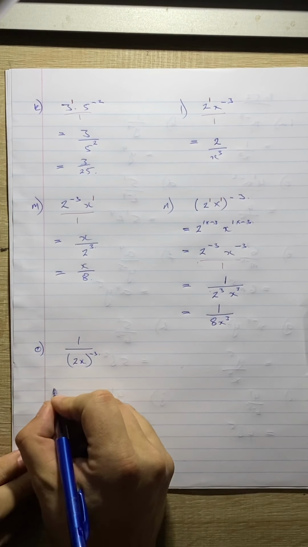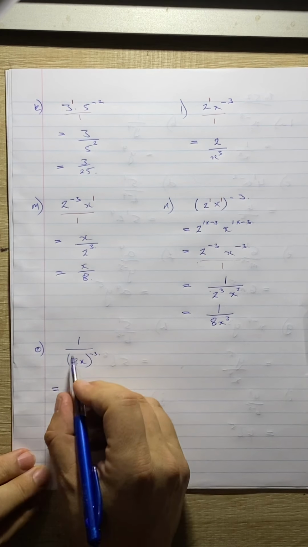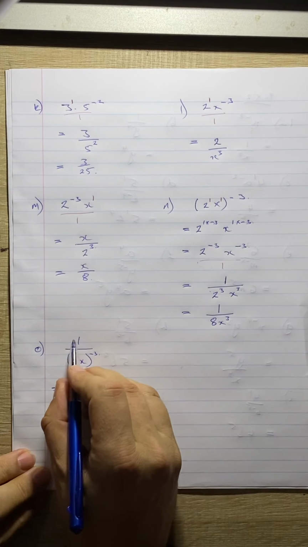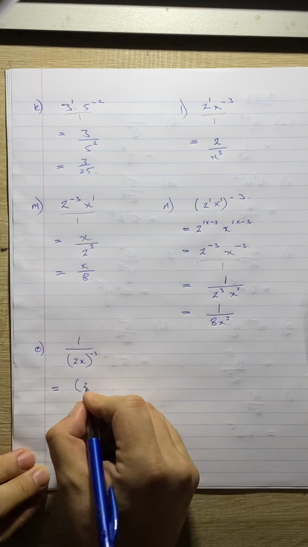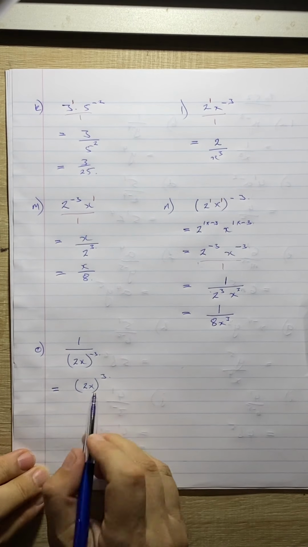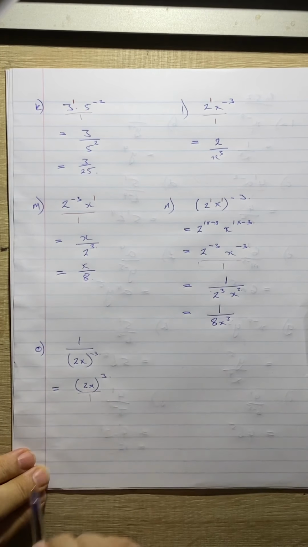So first of all, what I want to do is make this exponent positive. And now this exponent is with this entire bracket, so I need to take this whole thing to the top. And it becomes 2x to the 3. Yes, it is over an invisible 1, but I don't have to put that invisible 1 there.